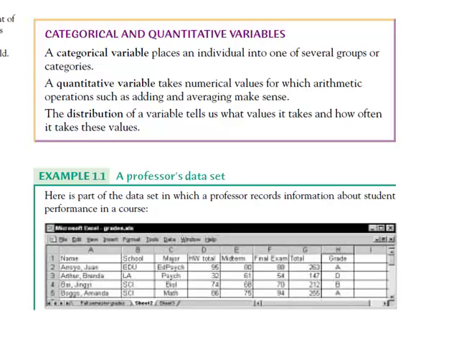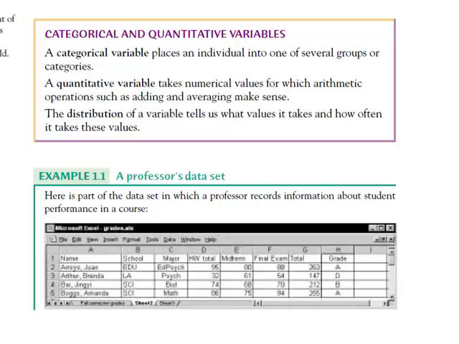So you might have red, rosé, white, or whatever various other gradations of color. So a categorical variable places an individual into one of several groups or categories. A quantitative variable takes numerical values for which arithmetic operations, such as adding, make sense. Anyway, for a quantitative variable, averaging makes sense, whereas for a categorical variable, like color, you don't really talk about the average.